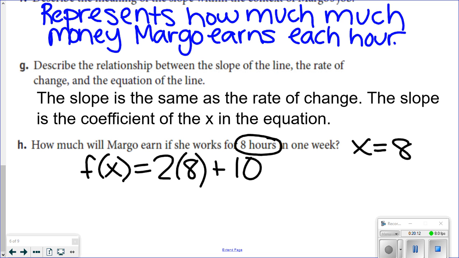So go ahead and figure that out. What's 2 times 8 plus 10? Our answer, she gets $26.